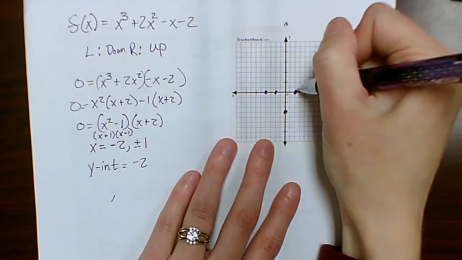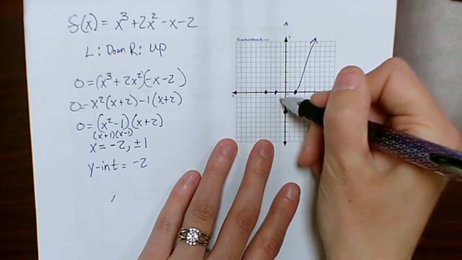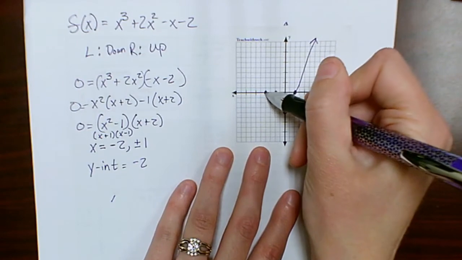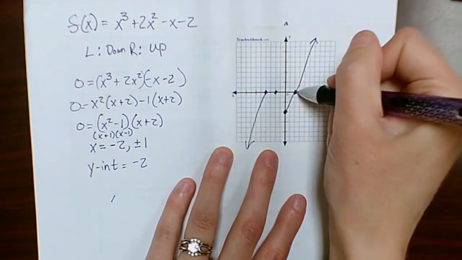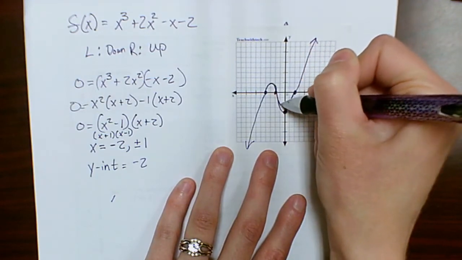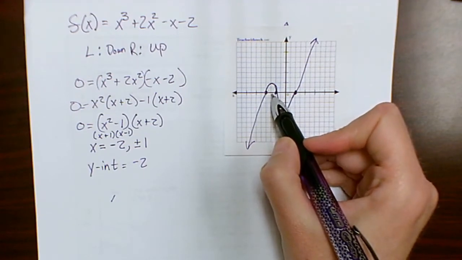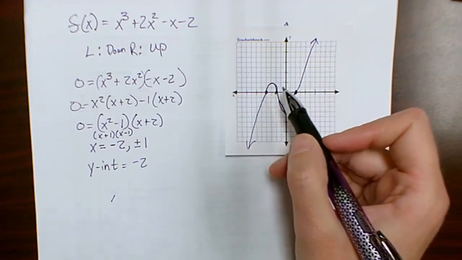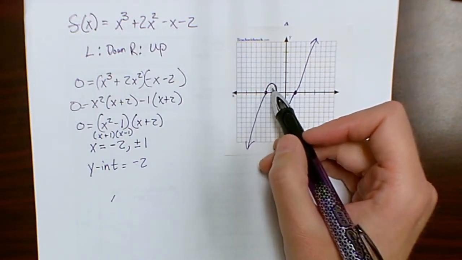Our right is going to go up. And then we are going to connect. Oh, before that, our left is going to go down. So our right's going to go up, our left's going to go down, and then we are going to connect our dots. Okay, and this probably doesn't need to be up so high. I mean, you can plug in negative 1.5 to get another, it looks like another fraction.